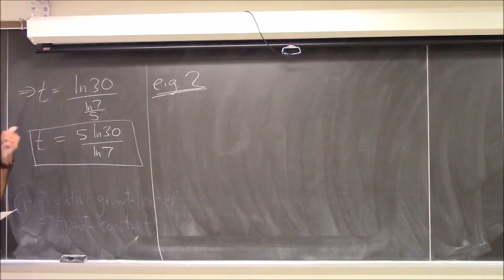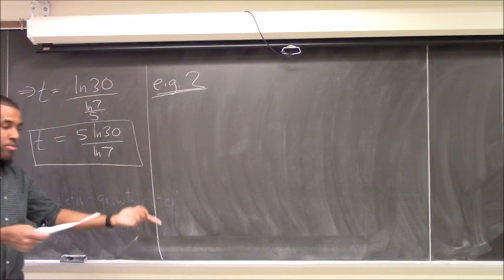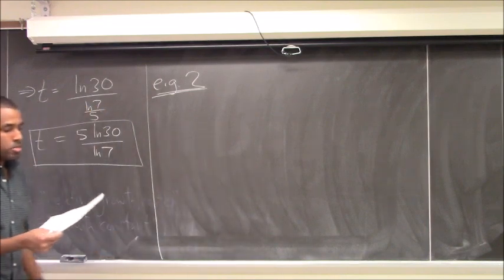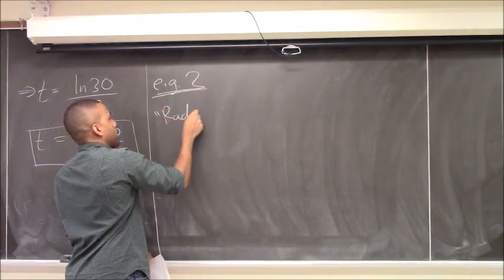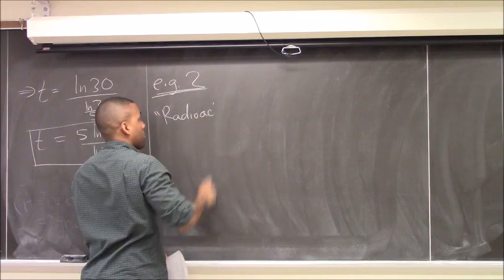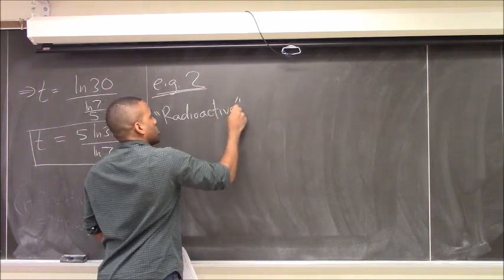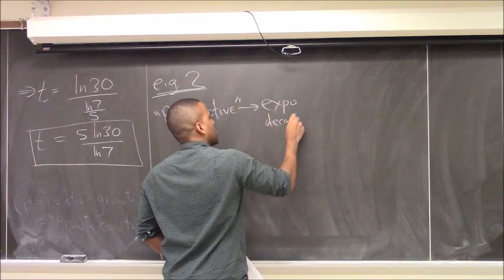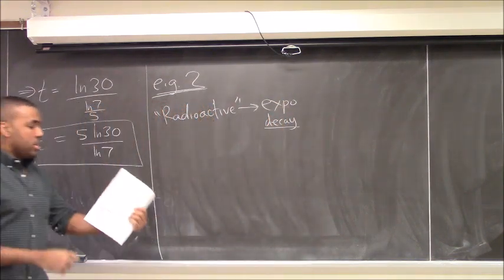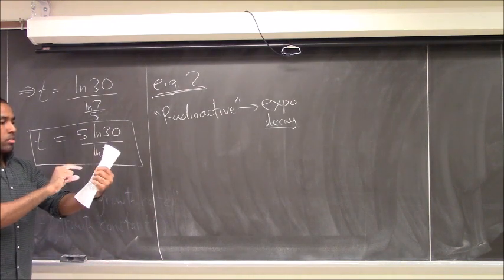They mentioned the word radioactive and the phrase half-life, so you know that you're talking about exponential decay here. So that automatically means you're going with the formulas in the second box on the first page.